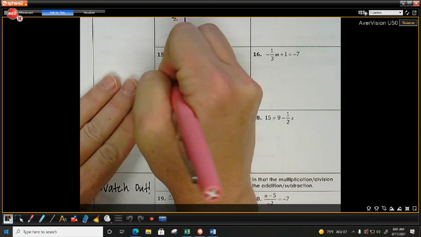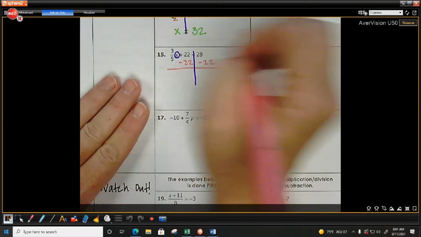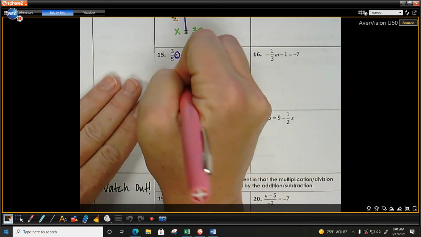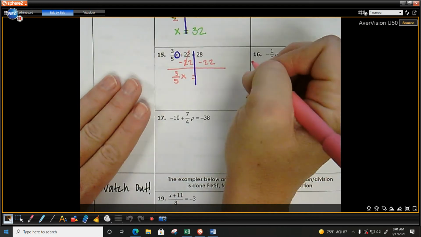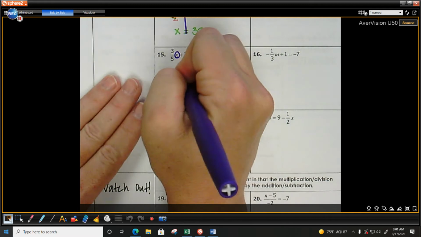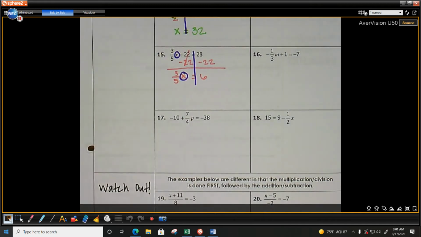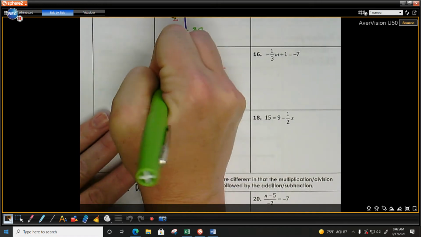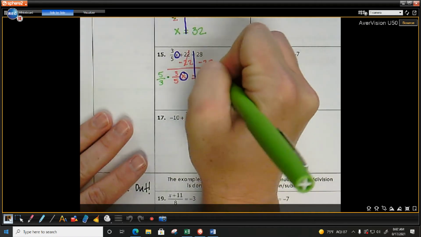And I get 3/5 x equals 6. Keep your x circled because it's not alone. Okay. Now I have a fraction times x. How do you get rid of a fraction? Multiply by the reciprocal. So multiply by 5/3. The 5's cancel, the 3's cancel, and I get x equals, and then you can type this in your calculator.